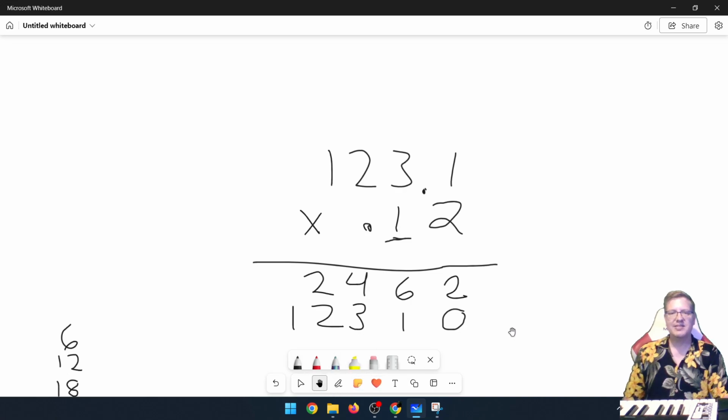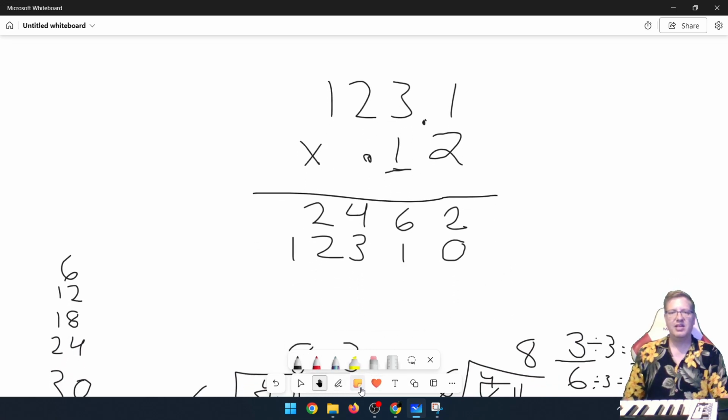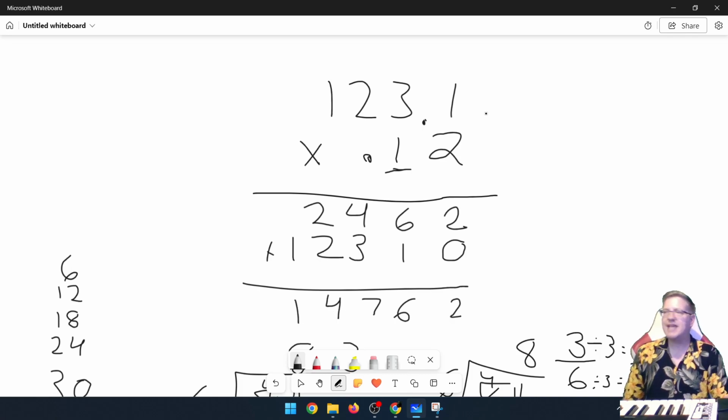I'm going to slide this up just a touch. And we're going to add our two numbers together, two rows. And when we do that, we are going to end up with this number here. And our final step is to work in our decimal points. So what I ask the students to do is to go ahead and count over one place like this until we get to the decimal.